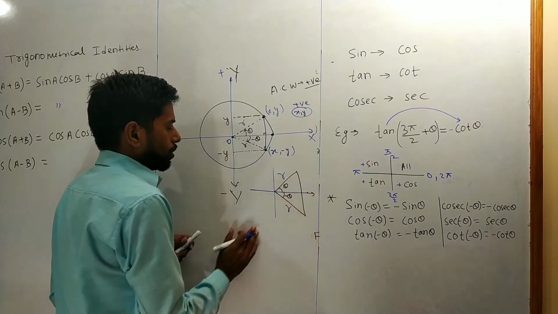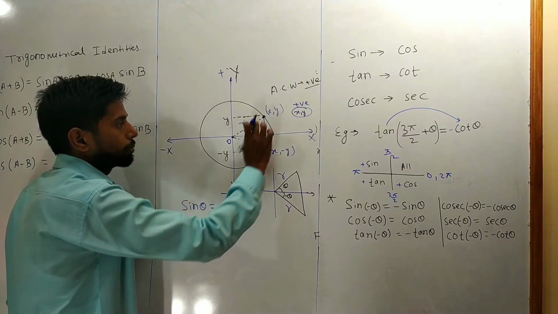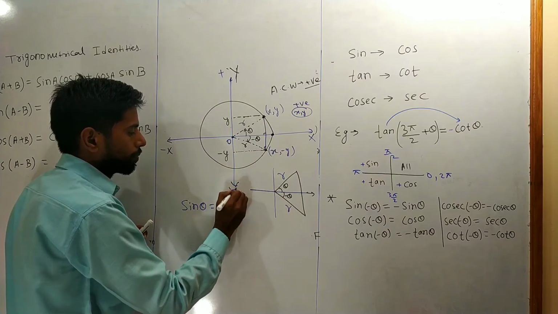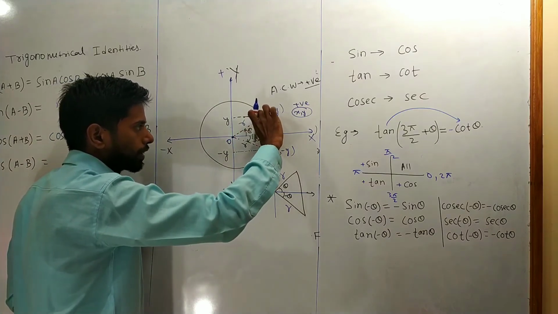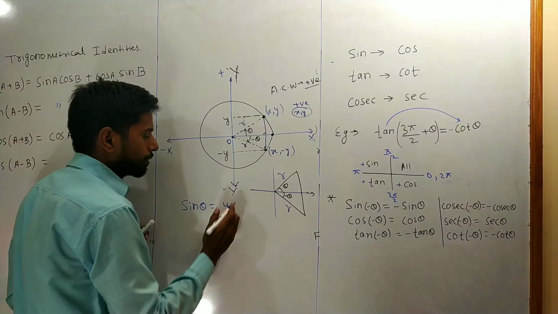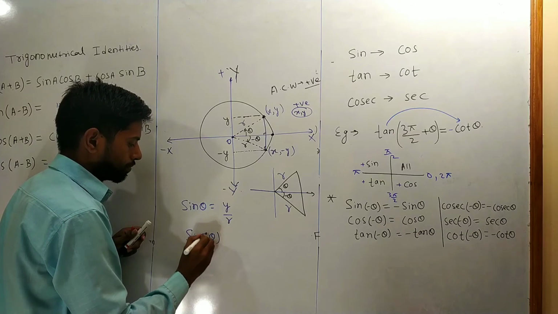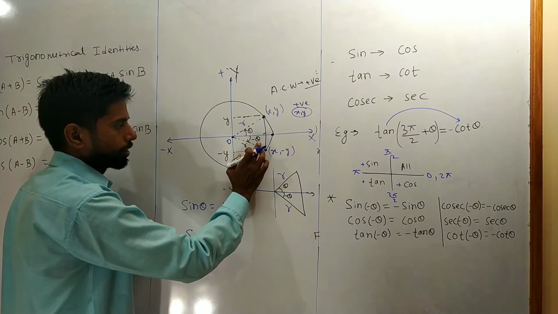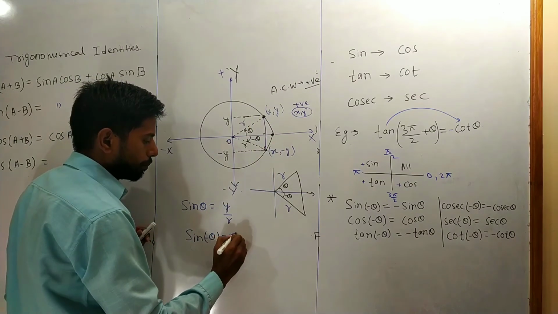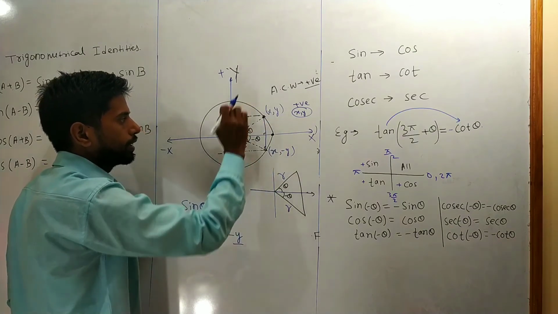Now I am writing sine of theta. What is the value of sine theta? Sine theta is perpendicular by hypotenuse. The perpendicular is this length, which is y, and the hypotenuse is r. Similarly, sine of minus theta: again perpendicular by hypotenuse, but here the perpendicular is minus y, because this length is negative and this length is positive.